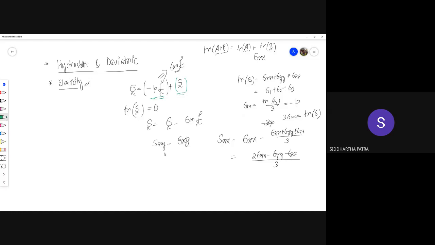If we dive in detail, which we would do, we would realize that the deviatoric part of the stress is not associated with any form of change of volume. Of course, when we are talking about change of volume, we are definitely talking about strains and not stresses. So all I'm trying to say here is the deviatoric part is not responsible for any volumetric strain.